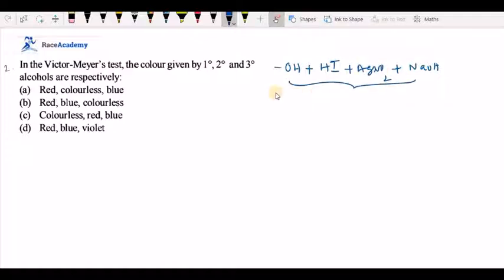After doing all these things, what will happen? If it is primary, that will give red color. If it is secondary, that will give blue color. If it is tertiary, that will give white color or colorless. So as per the Victor Meyer test, this is a red, blue, white test. So red, blue, colorless, wherever it is there, that is the right option.